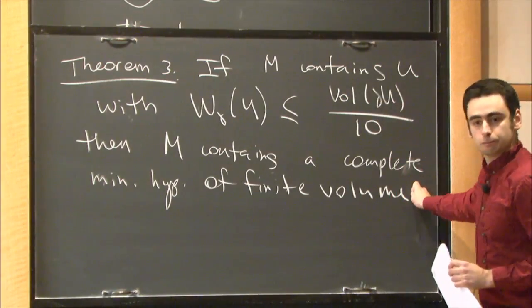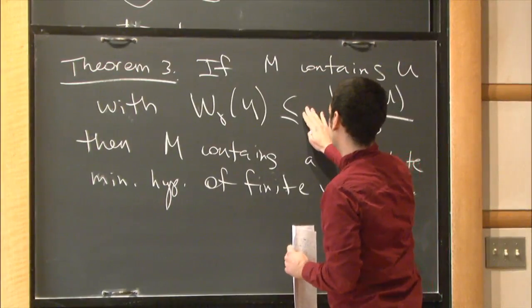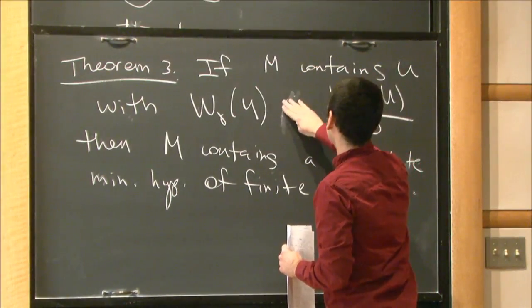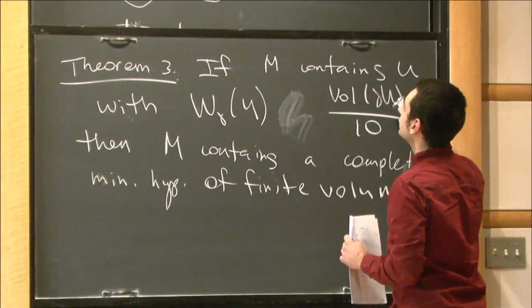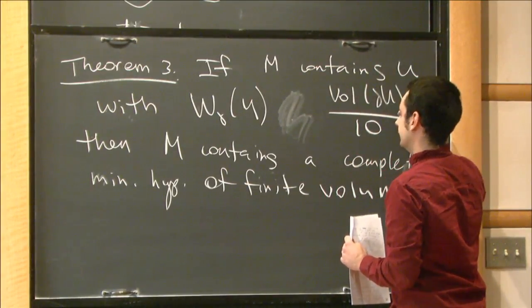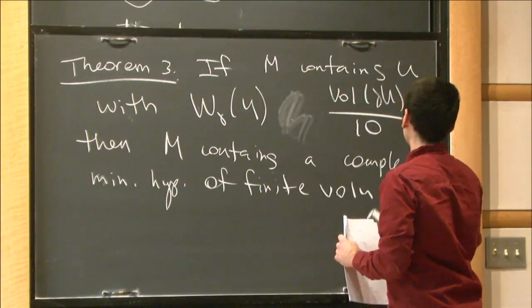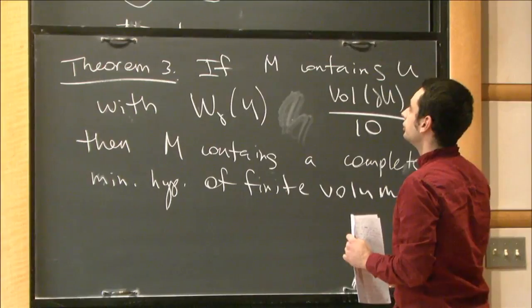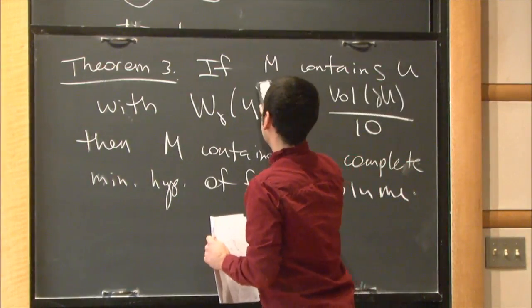So isn't it the opposite inequality? Right. So we want the boundary to be small compared to the width. Yes.